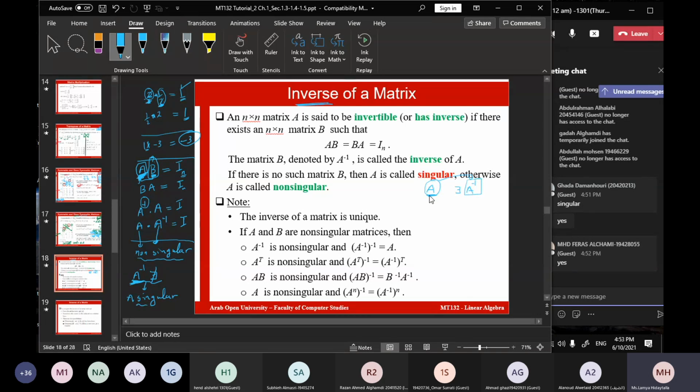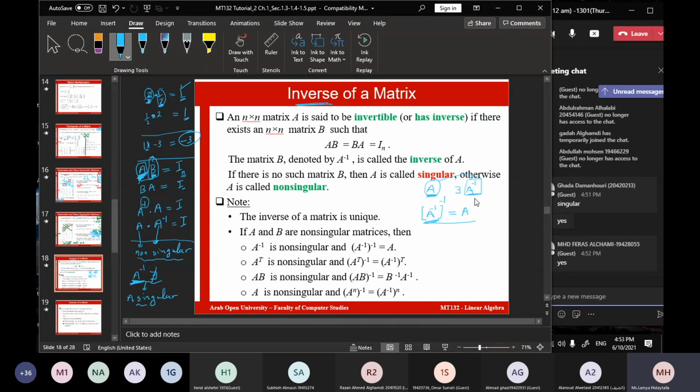If A is non-singular, then A inverse is also non-singular, meaning this new matrix also has an inverse. So the inverse of A inverse has an inverse. And what is the inverse of this? You will find that the inverse of this matrix actually returns back to your original matrix A. Clear? So this is the first rule.